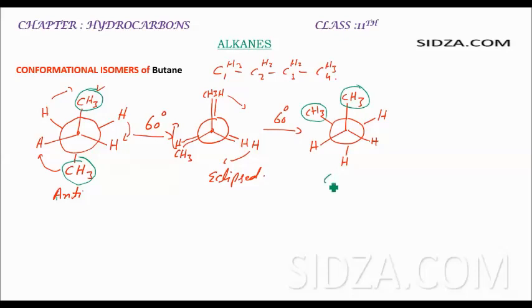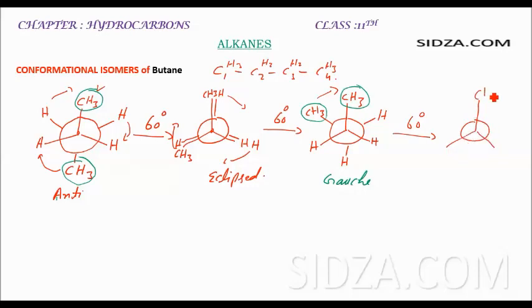This is called the gauche conformation. Okay, fine. If I rotate this molecule again by 60 degrees, what do you get? I think now the methyl and the methyl will be under eclipsing, right? The two methyl groups will be in the eclipsed state.